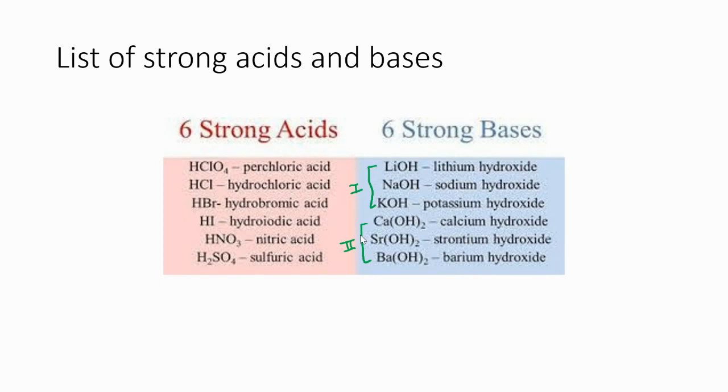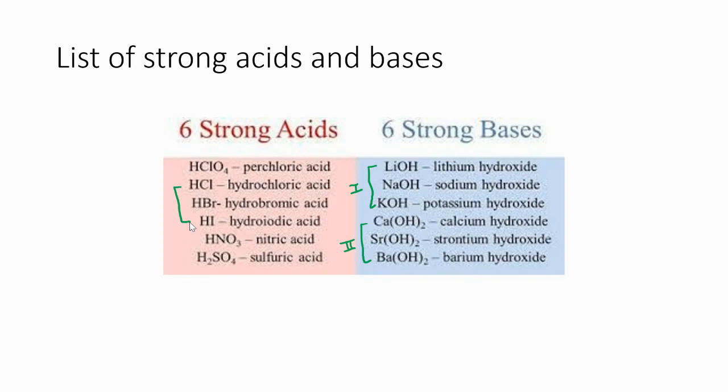For the acids, the way I remember it is there are 3 binary acids with that hydro prefix: hydrochloric, hydrobromic, hydroiodic. And those acids are generally going to be strong.